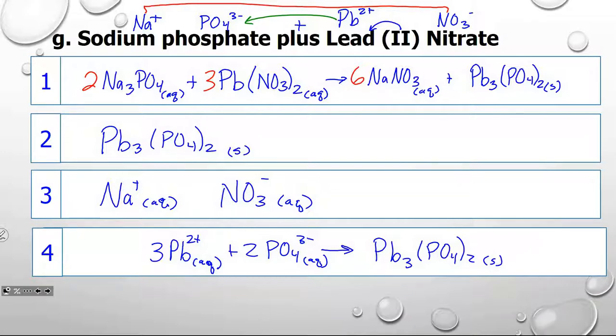Okay? All right, let's do one more. Let's put this one back in. We've got to find out where sodium phosphate and lead nitrate cross on that grid. We need to put them in there. Did you find it? It'll be in the second column.